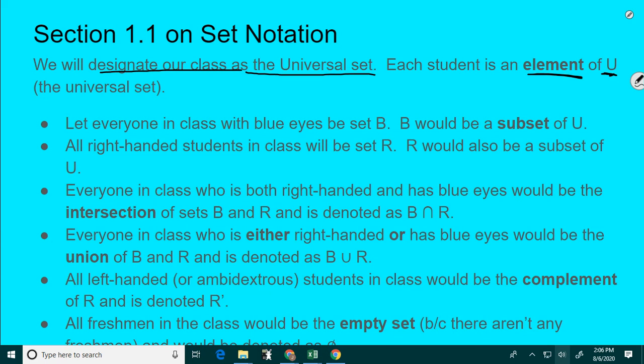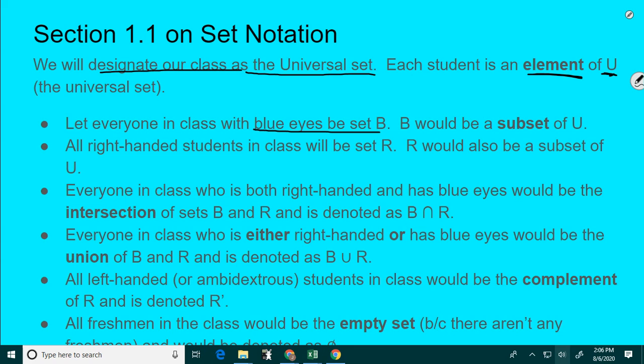Moving from that, talking about what's called a subset. I'm going to say everyone in this class with blue eyes, I'm going to call them set B. We'd say B is a subset of the universal set, because all the people in here that have blue eyes are part of the universal set.